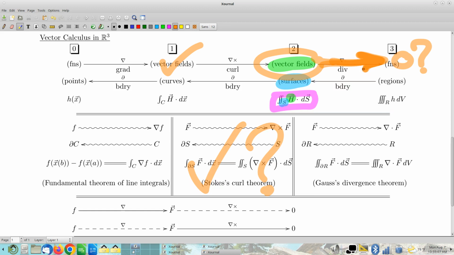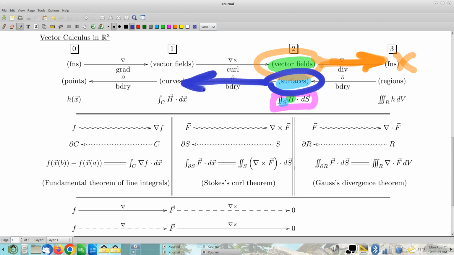Now, the second possibility is that maybe you compute the appropriate operator here and you don't get 0. Well, there is another possibility, which is that maybe my surface has no boundary. Think about what a surface would have to look like if it doesn't have a boundary curve.